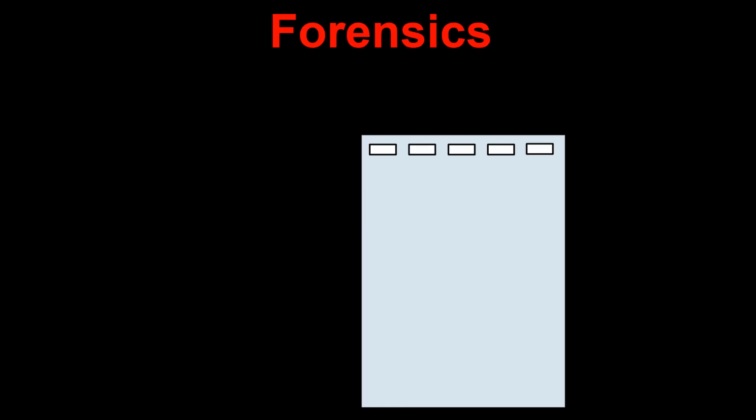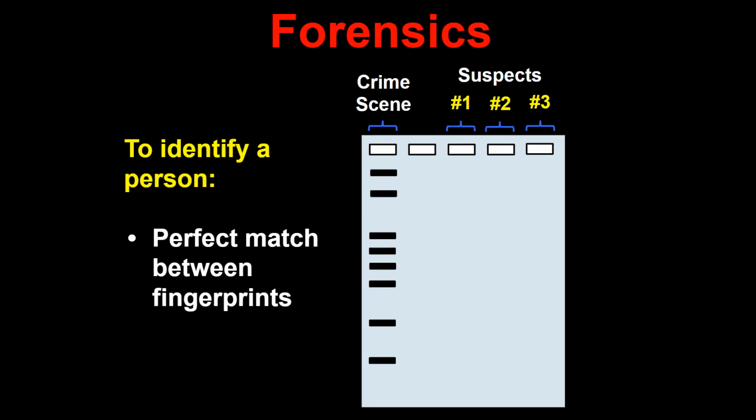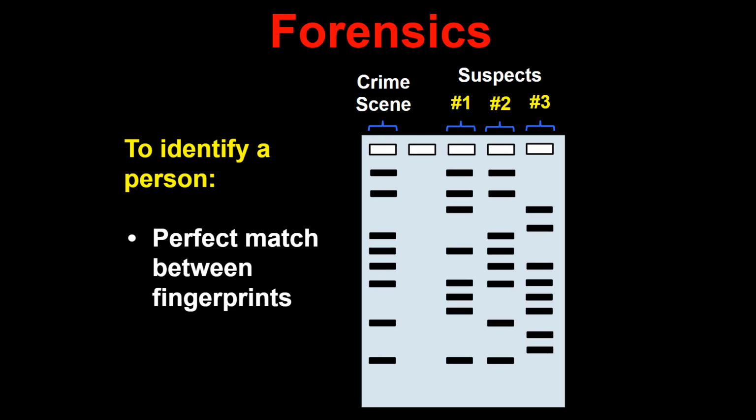Now, let's say that I'm in a forensics lab and I want to identify a person based on some DNA found at a crime scene. In this case, I need for these things to match up exactly. So for example, I do a DNA fingerprint of the DNA found at the crime scene, and then I do DNA fingerprints of the 3 suspects that I have.